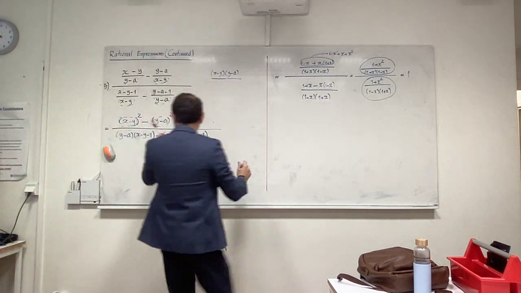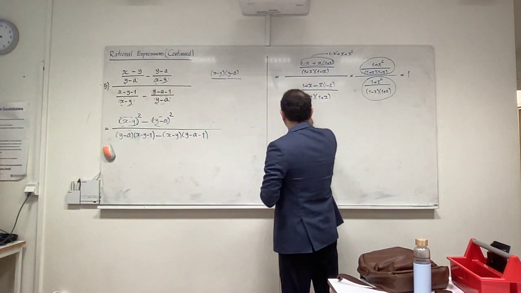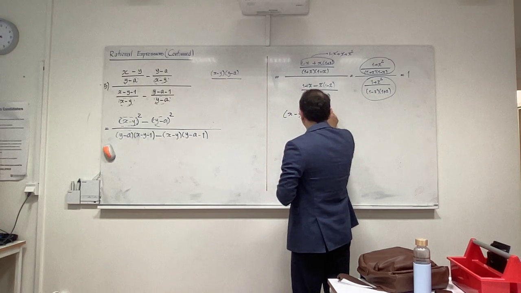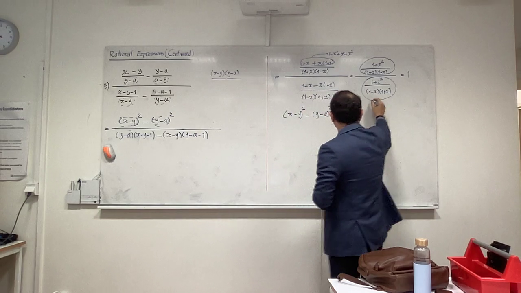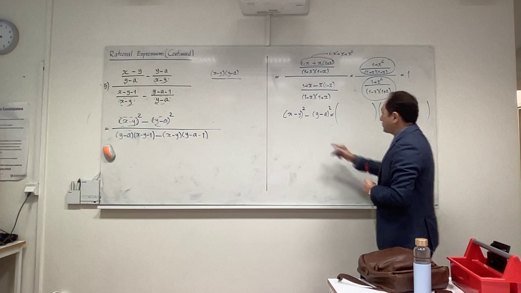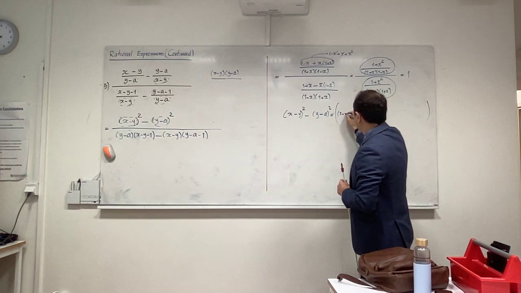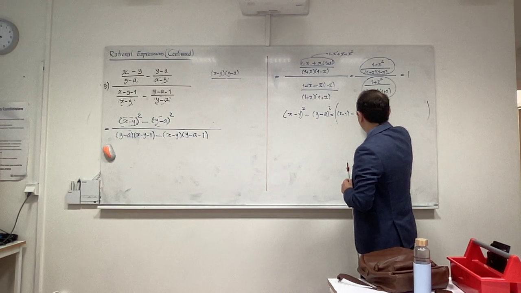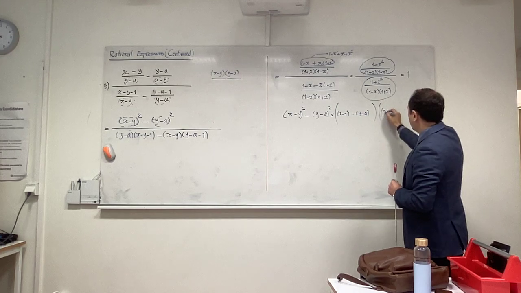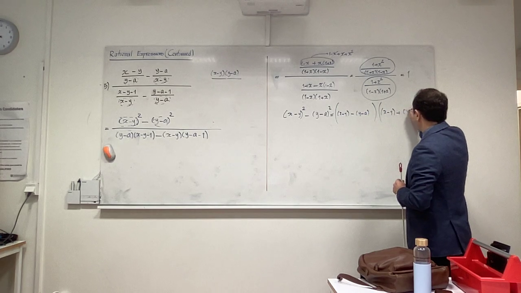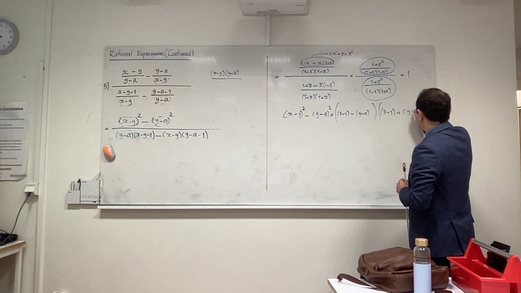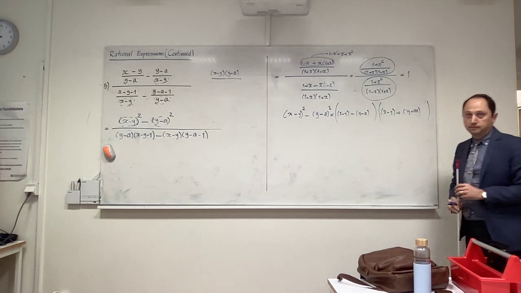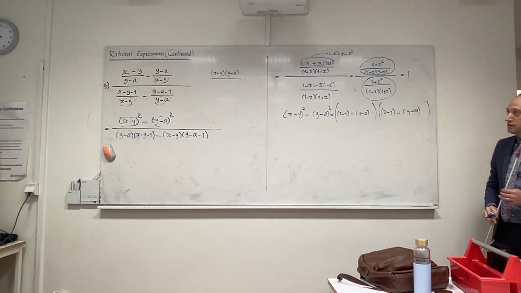So the numerator, x minus y to the power of 2 minus y minus a to the power 2, can be written as the square root of the first one minus the square root of the second one, multiplied by the square root of the first one plus the square root of the second. Understandable? So that is the factorization.